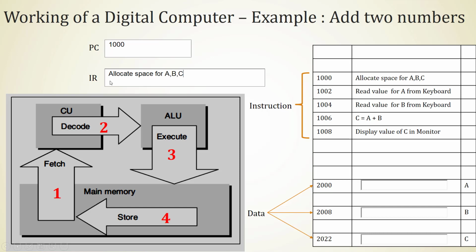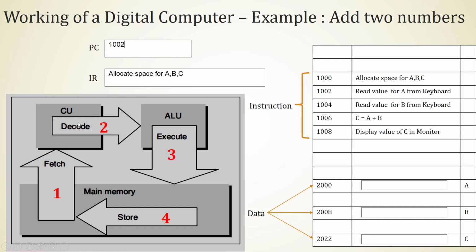The instruction register is actually a part of the processor, so this instruction reached the processor. Once this instruction has reached, the program counter value will get incremented. Incremented means it will store the address of the next instruction, which is 1002. That's why I told you the program counter always contains the address of the next instruction to be executed. These things happen during the fetch operation.